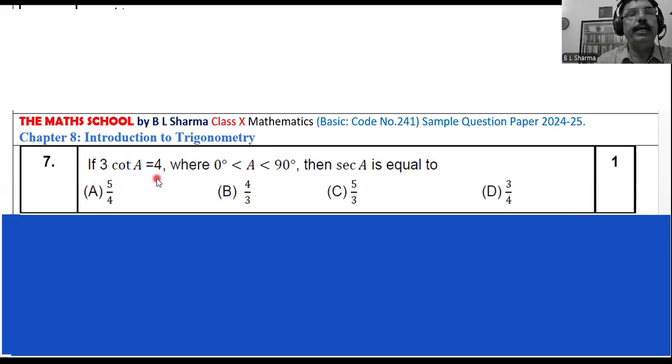If 3 cot A is equal to 4, here the acute angle A is between 0 and 90 degrees, then what is the value of sec A? What we do, we can take a triangle, you can say this right angle triangle.